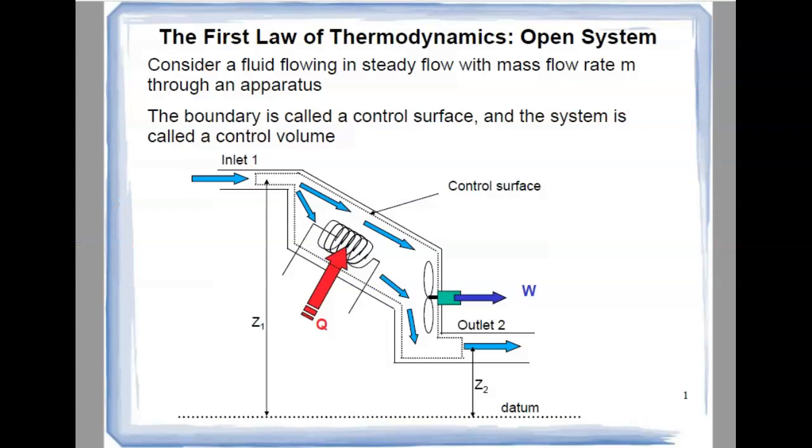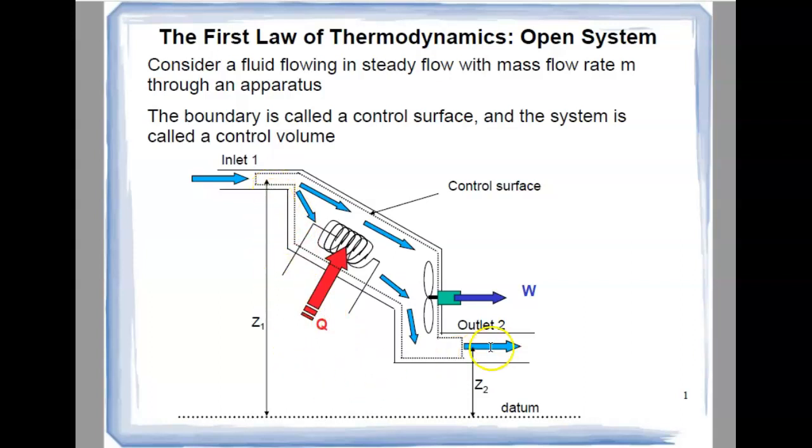Now, these are the lecture notes that you have about open system. So you will see that from this note you have 2 openings, one considered as inlet, the other one is the outlet, and you have some sort of fan over here that indicates work, and some sort of heating element here that indicates heat.